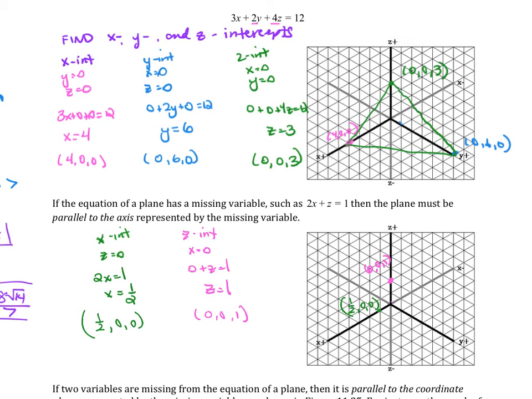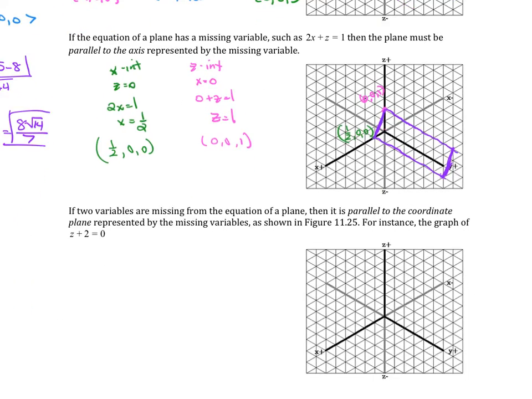Notice I have these two points that connect, and there is no y value. So what it's saying is it's parallel to that axis. This is a plane, so it doesn't really stop at those points. Something like that. And so it's parallel to that axis.